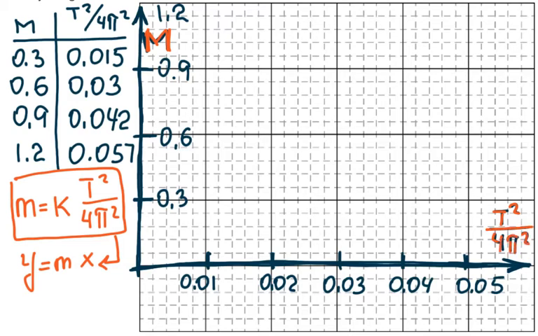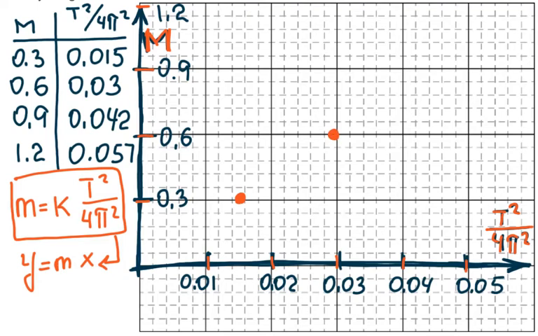I also had to choose my increments, and I looked at which would be best, and that would be 1.2. So for 0.3 on y, I have 0.15 on x, so it's somewhere here. For 0.6 on y, I have 0.03 on x.